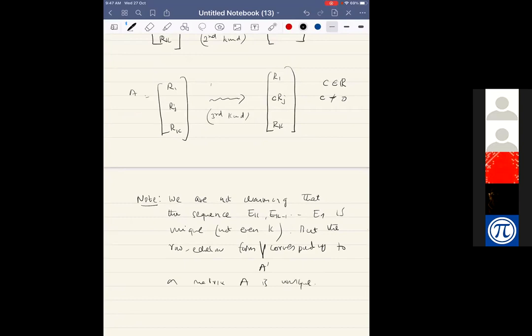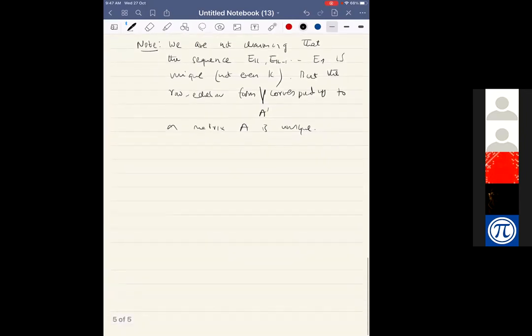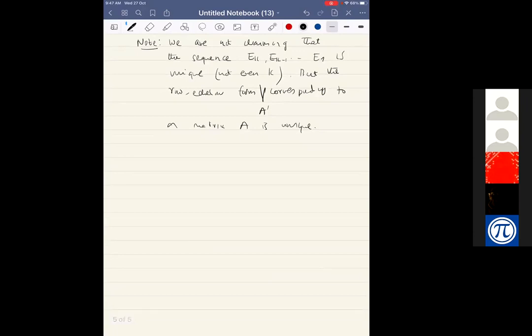So given any matrix, regardless of which sequence of elementary row operations you choose to do, you will end up with the same end result A prime in row echelon form. So there is a well-defined map from the space of all m cross n matrices to the space of m cross n matrices in row echelon form. This is not a continuous map in any sense, but it is a well-defined map.